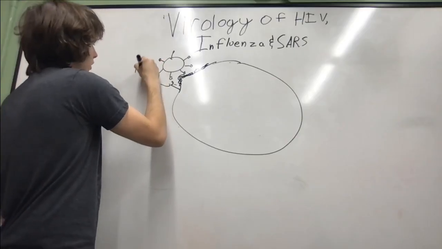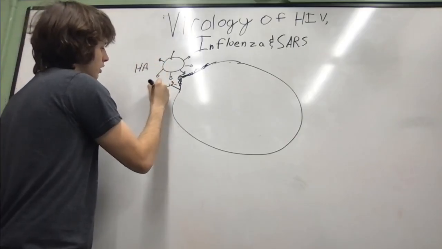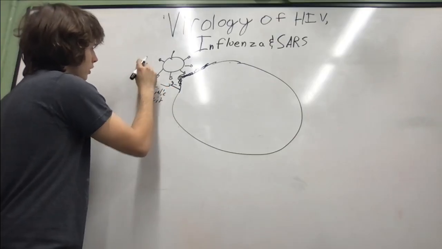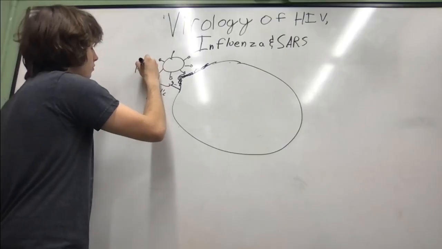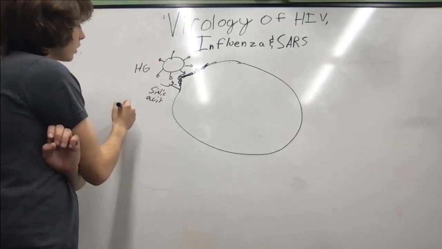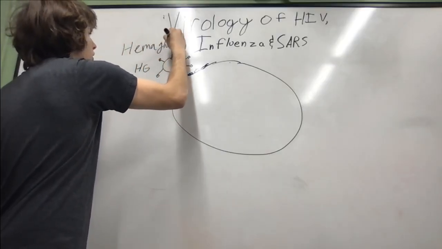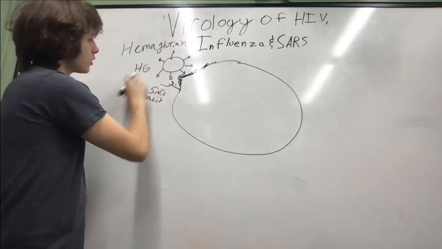By the way, the receptors that it binds to are sialic acid receptors, and it binds them via hemagglutinin. So that's these little receptors.